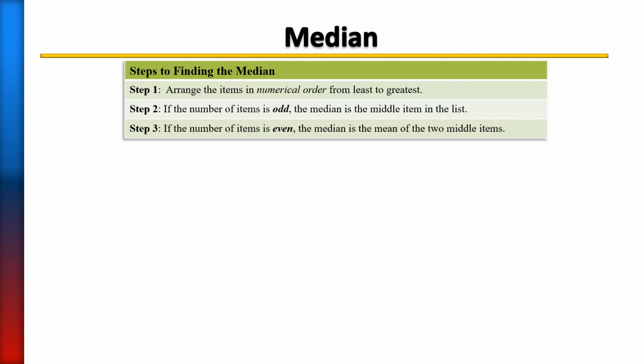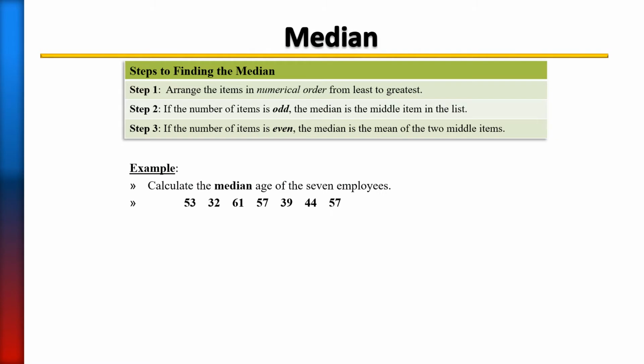Here we're given a set of data and asked to calculate the median age of 7 employees. Since 7 is an odd number of numbers, that means we have a median right in the middle. One way you can do that is to cross your way in: cross out the outer numbers, that's gone, and go until you get to the inner.